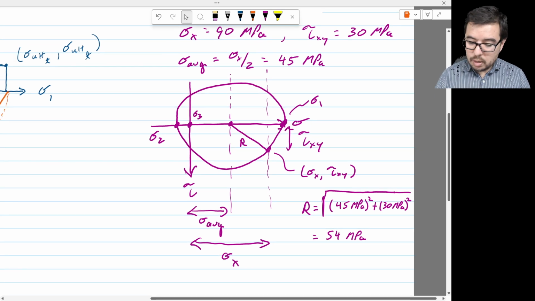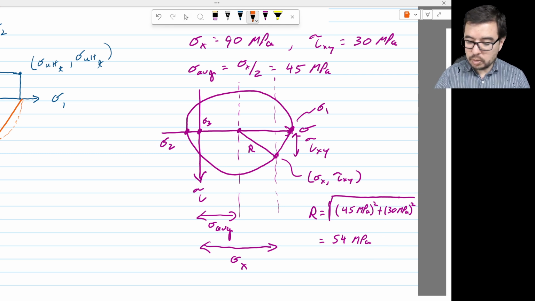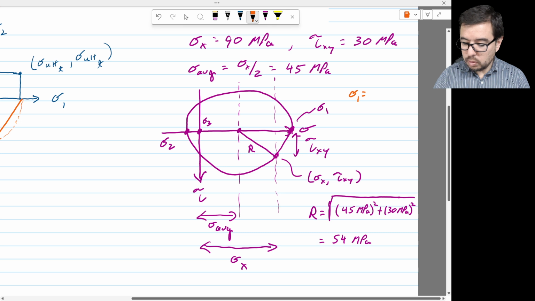And now we want to calculate what sigma 1 and sigma 2 are. So sigma 1, should I change colors? Why not? Sigma 1 is going to be sigma average plus R, which is 45 megapascals plus 54, so that gives us 99 megapascals.